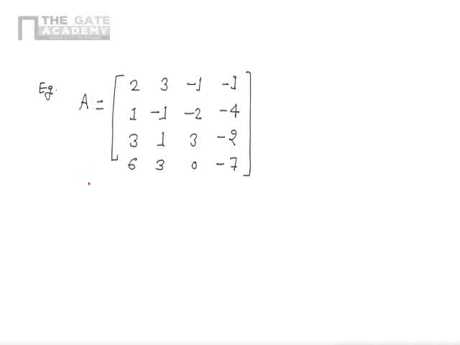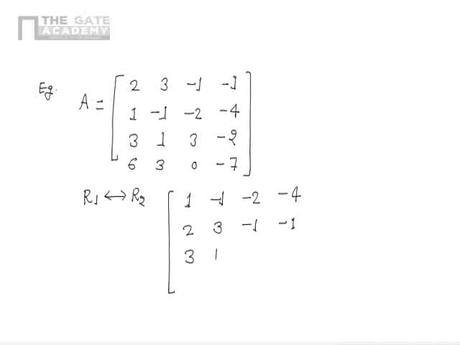So the first operation I will apply here is R1 and R2 interchanging, the row 1 and row 2. So I will get 1, minus 1, minus 2, minus 4. Here I'll get 2, 3, minus 1, minus 1.